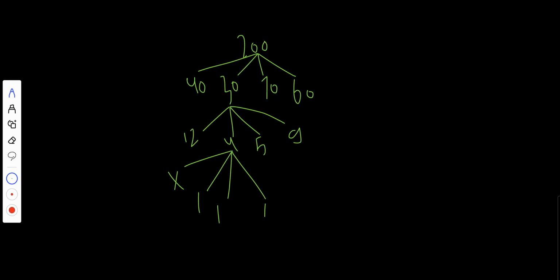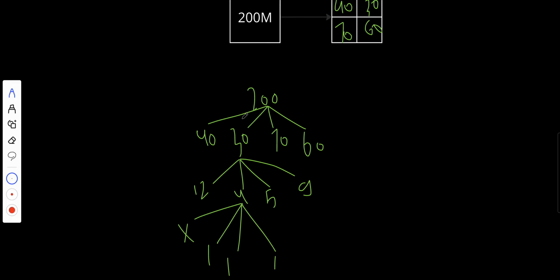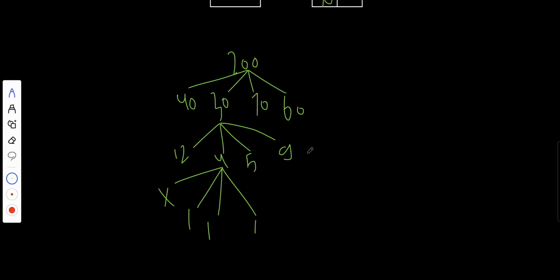Say that we have a big map of 200 meters, and we keep dividing it into smaller pieces, into four pieces, to make sure that each node has, for example, 100 businesses and nothing more than that.